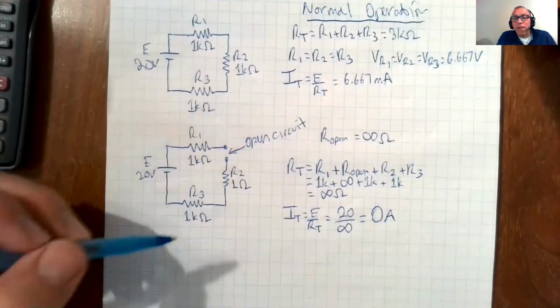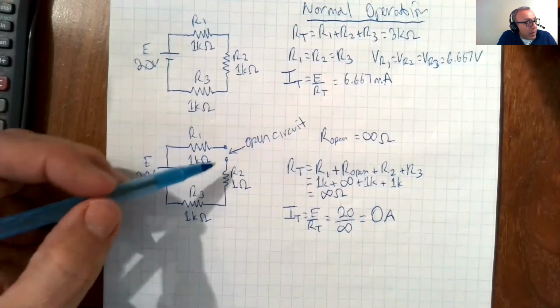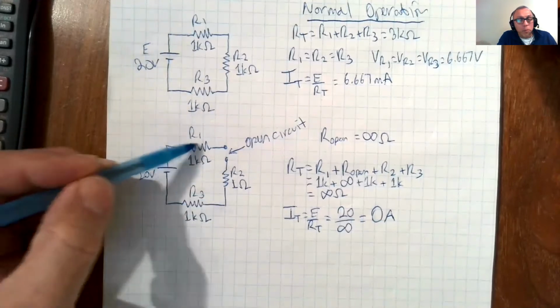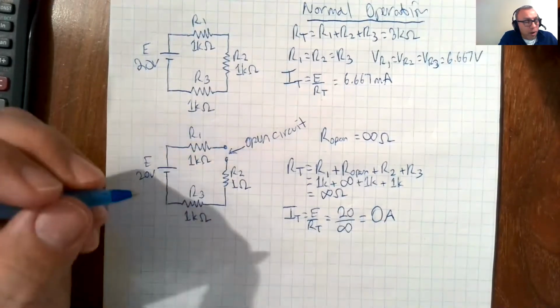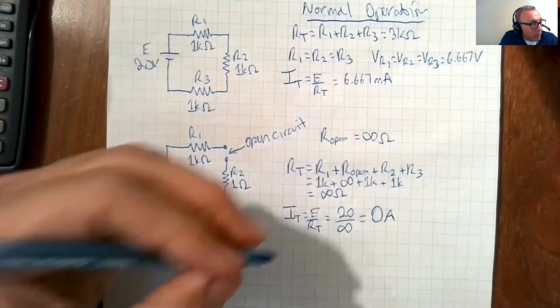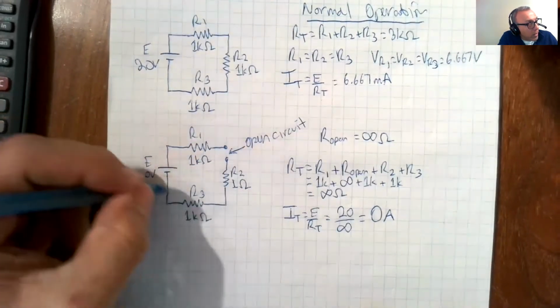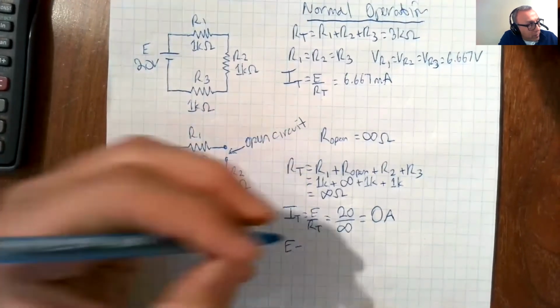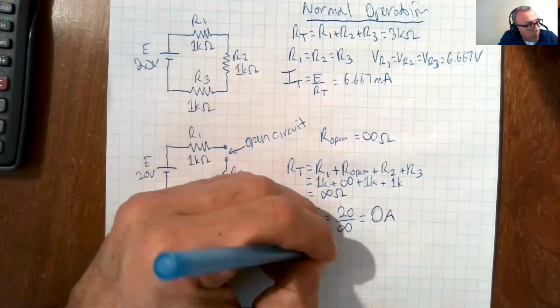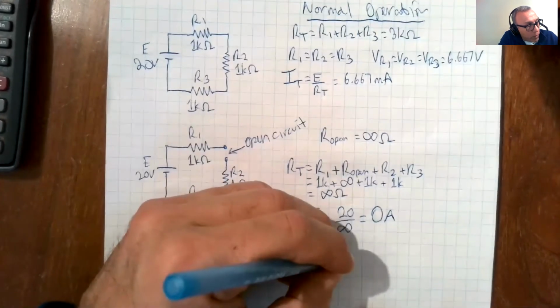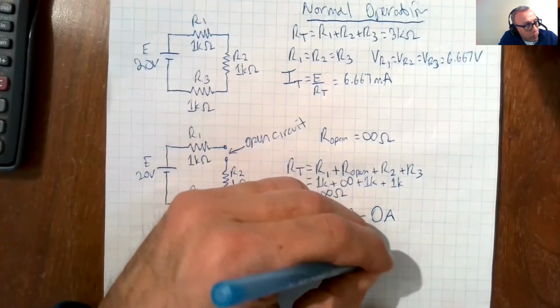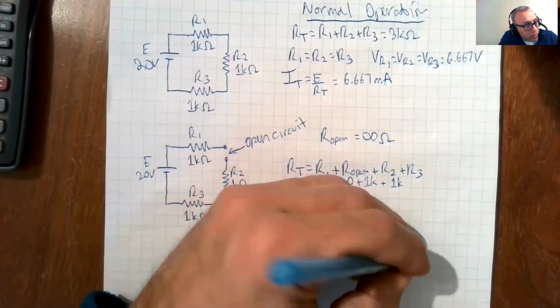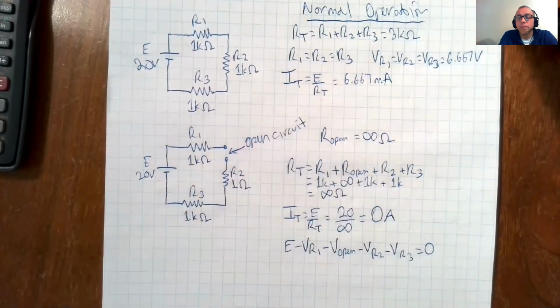So we have this. Now, I told you to consider this a loop. If you remember Kirchhoff's voltage law, it would apply to this loop by saying that E minus VR1 minus V open minus VR2 minus VR3 is equal to 0.